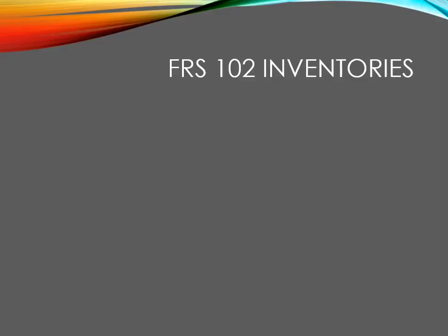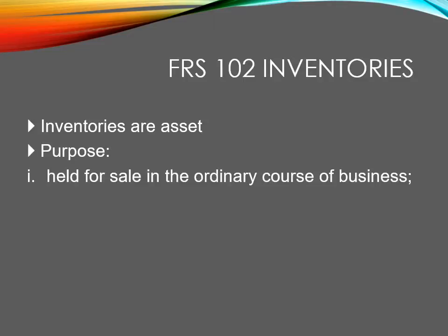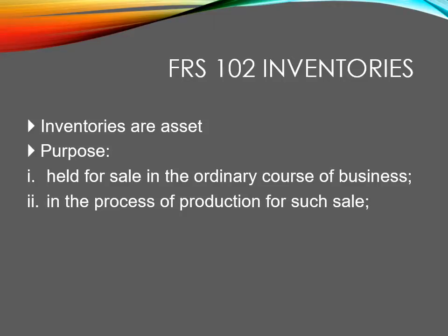The Financial Reporting Standard 102 regarding the inventories says that inventories are current assets. The purpose of inventories, firstly, is to be held for sale in the ordinary course of the business, meaning finished goods for trading. Secondly, inventories can be in the process of production for such sales.